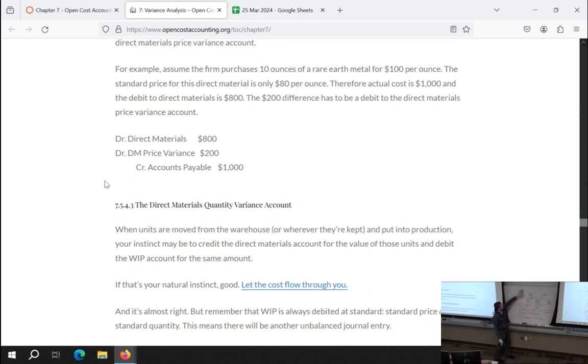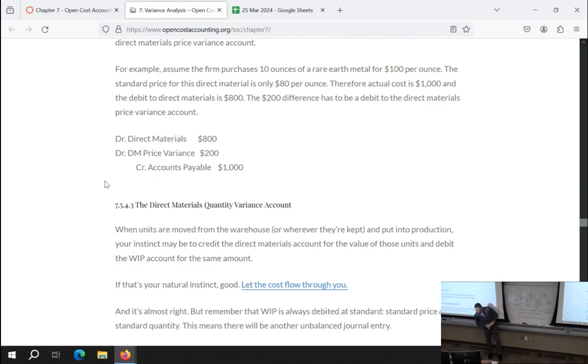And so if WIP is at full actuals, we record the direct materials account, if we're using standard costing, most standard costing systems anyway, at like half standard, at the quasi budget here. Standard price, but actual quantity in there. Okay, so this entry right there is actuals, price variance, and quasi budget amount.